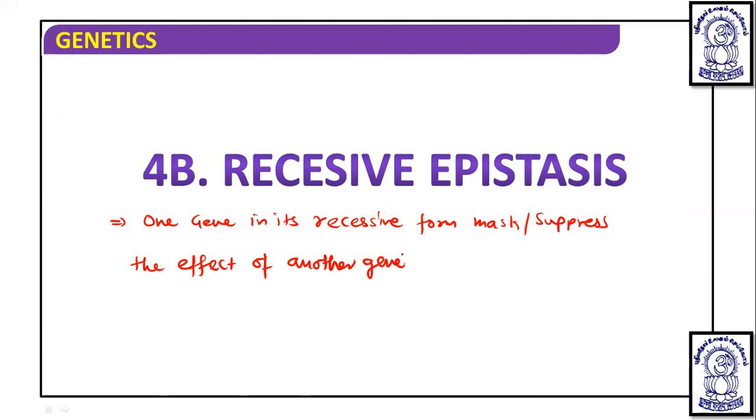To understand recessive epistasis, we are going to take an example, that is coat color in mice.